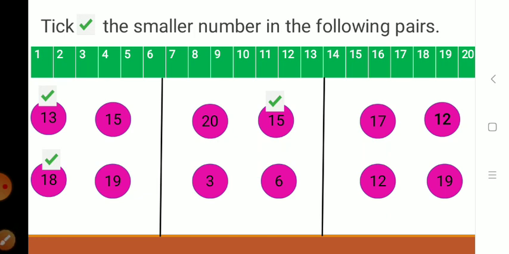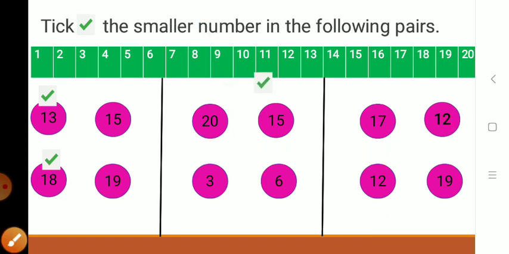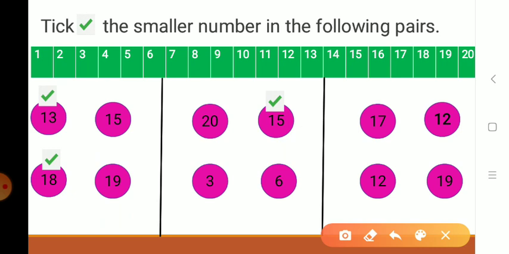Now see the next numbers: 3 and 6. Again find out where is the 3 on the number strip. It is here. And where is 6? After the 3.